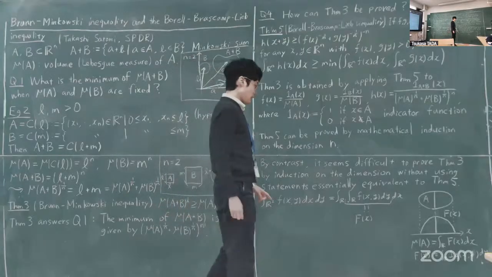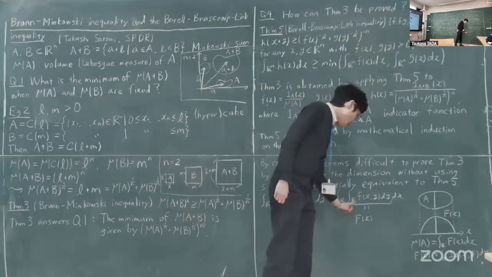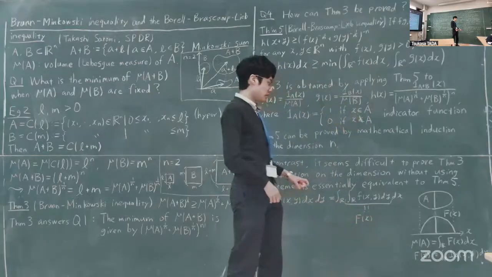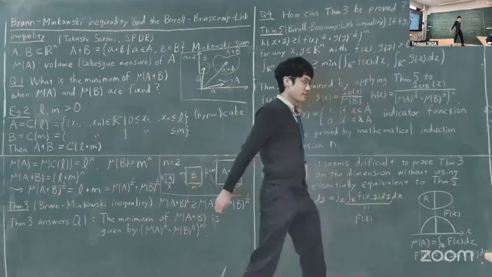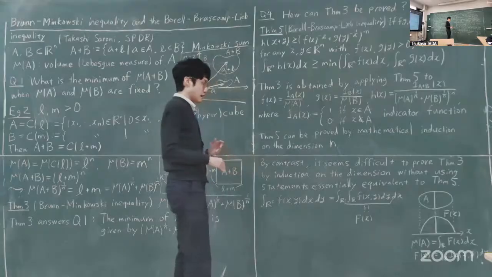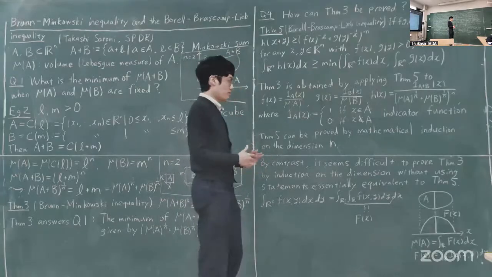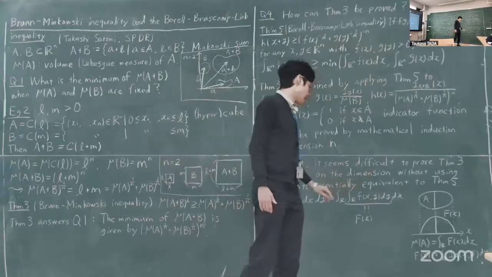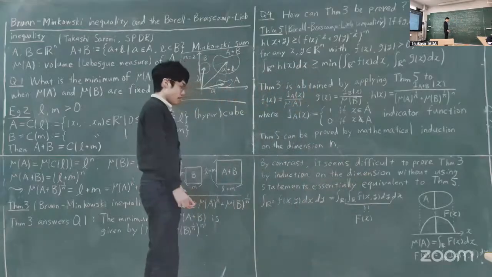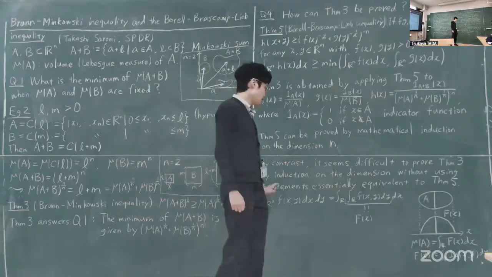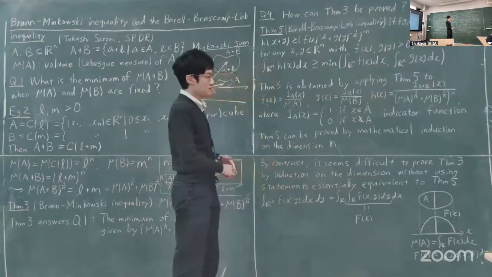Then we integrate the resulting function in the x direction, and we again apply the one-dimensional Borell-Brascamp-Lieb inequality. In this way, we can obtain the two-dimensional Borell-Brascamp-Lieb inequality.